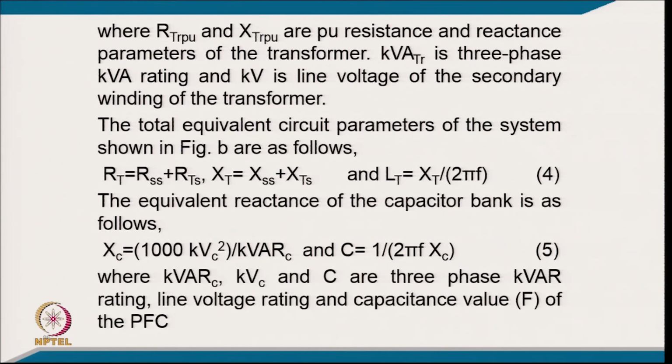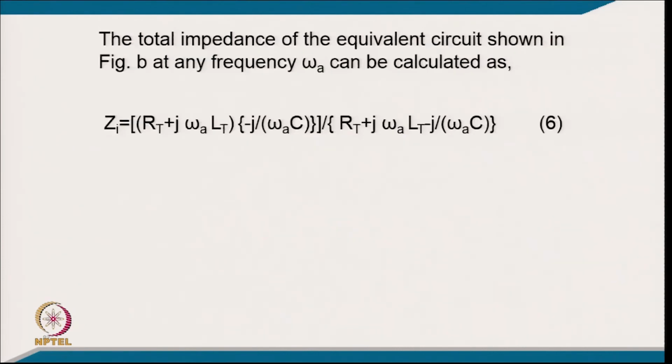KVAR and KVC are the 3 phase KVAR rating and line voltage rating, and C is the capacitor value in farad of your passive filter. The total impedance of the equivalent circuit shown will be Z equals RT plus j omega LT at a particular frequency, and then the capacitance is connected.